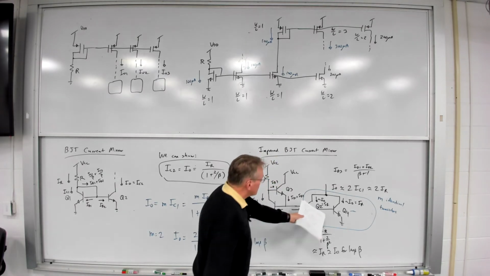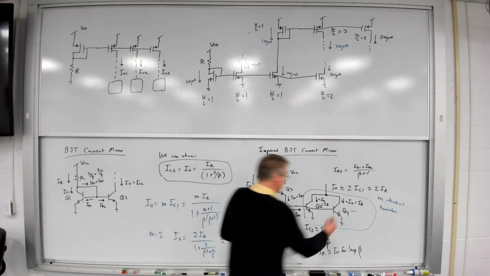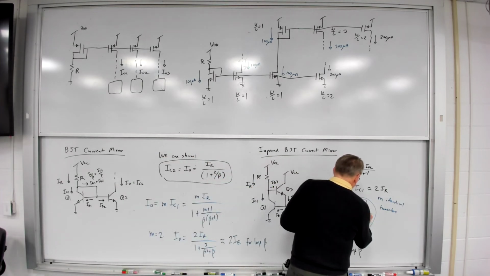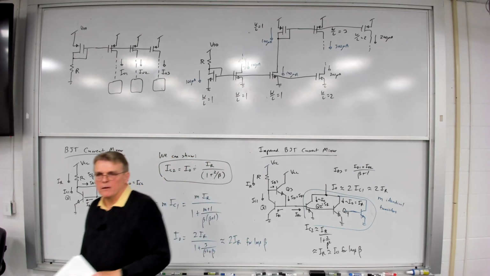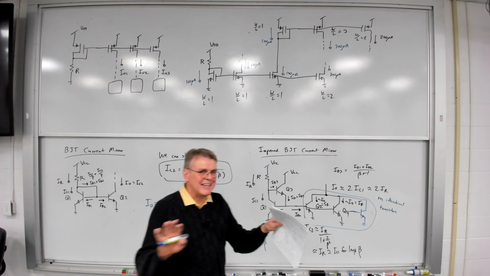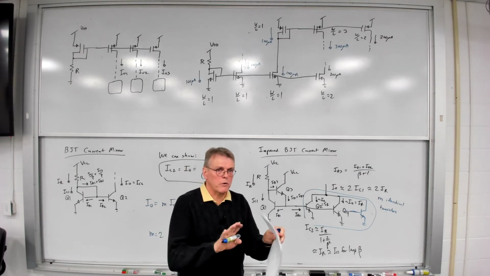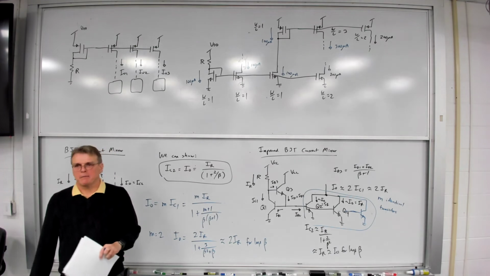And of course, I could add as many transistors in parallel as I wanted. I could add a third transistor in parallel, and then I'd have 3 times the current, or add 4 or 5, however many in parallel I wanted to do. So this idea of increasing currents by paralleling devices, connecting them in parallel, is extremely common.